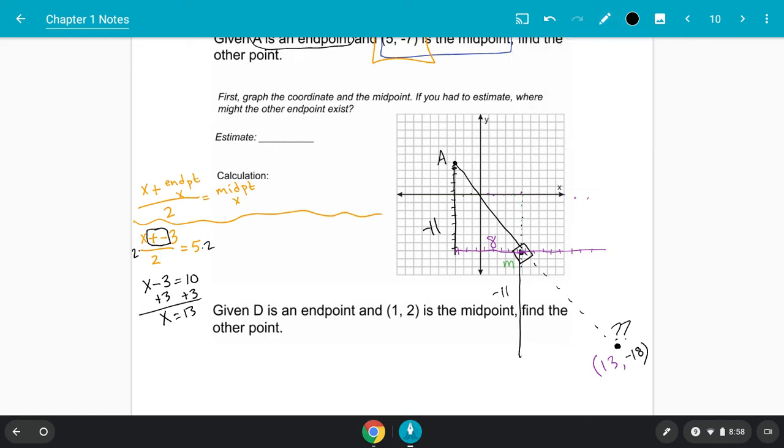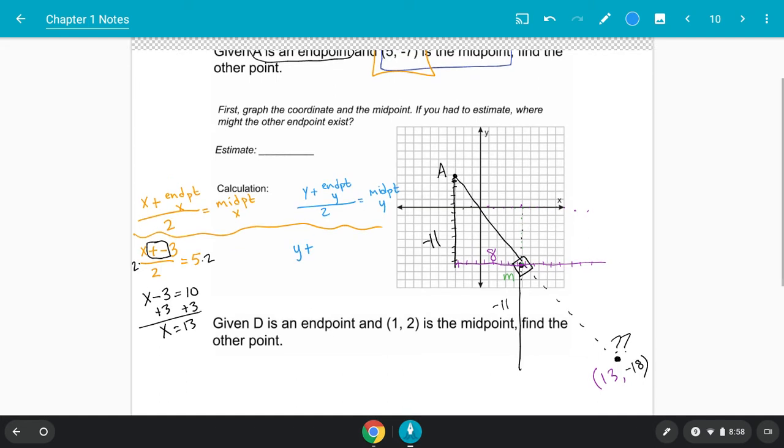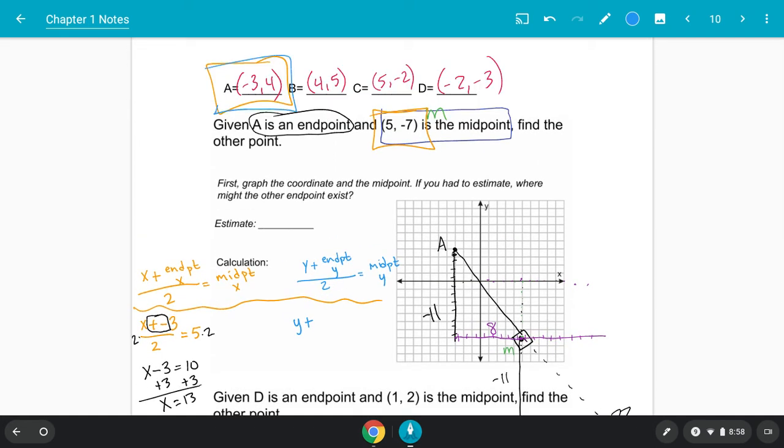Then we have to do the same exact thing for the y side. So what the equation will be here is y plus the endpoint y divided by 2 equals the midpoint y. So we would go y plus the endpoint y is 4 divided by 2 equals the midpoint y, -7.